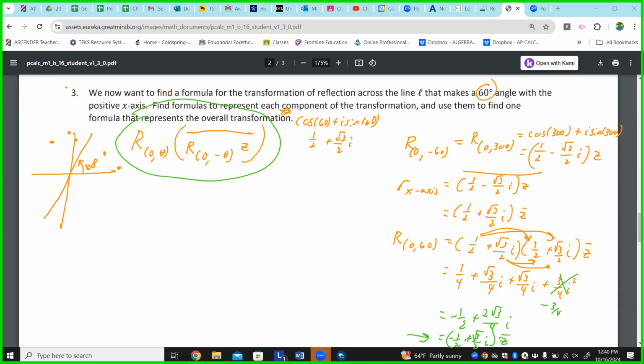That's a negative 1/2 plus square root of 3 over 2i, because the 2 reduced down, times the z conjugate.